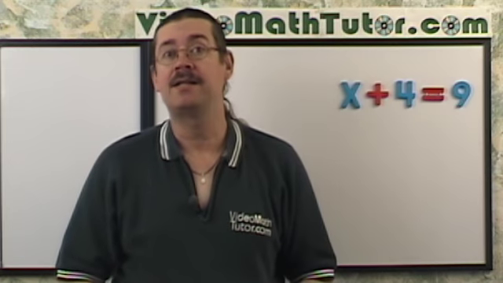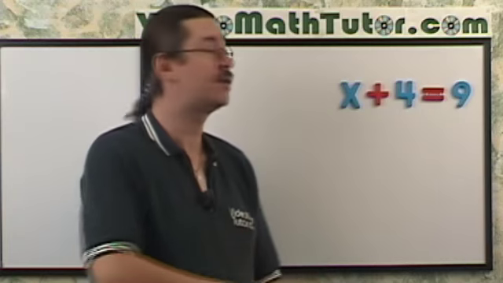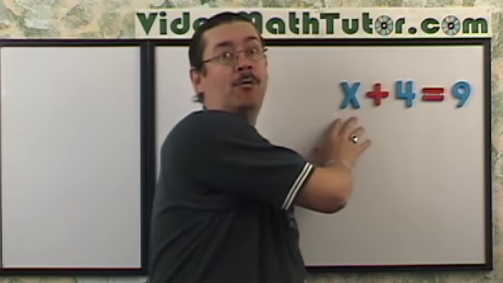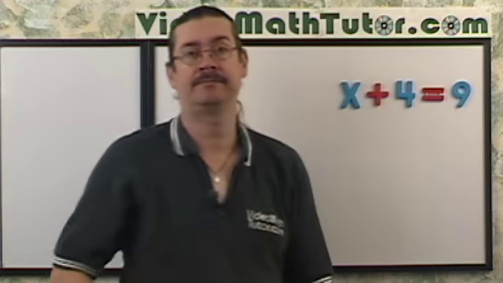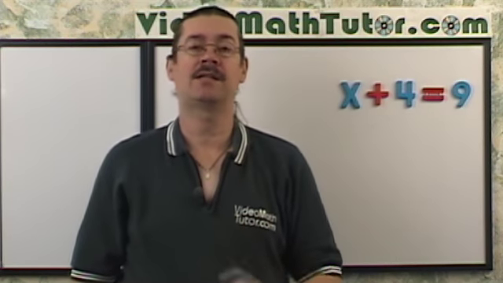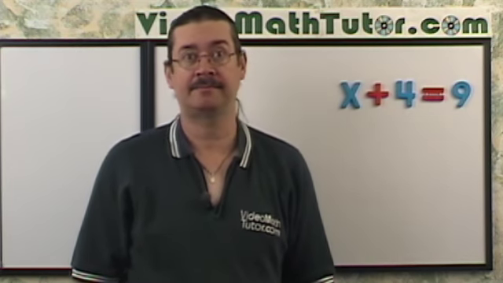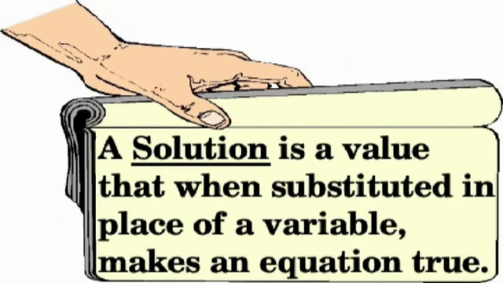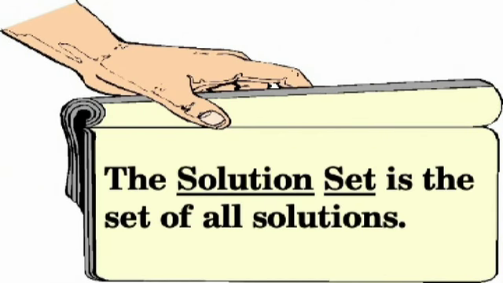The goal of this lesson is to find all values of a variable that will make an equation true. Before we continue, let's now talk about some terminology. A solution is a value that, when substituted in place of a variable, makes an equation true. The solution set is the set of all solutions.